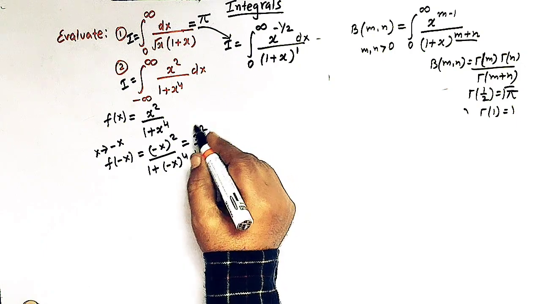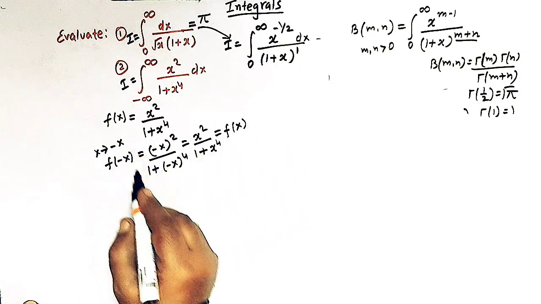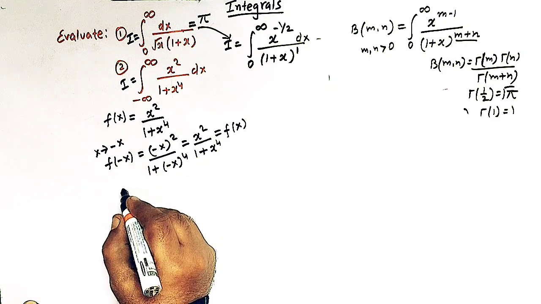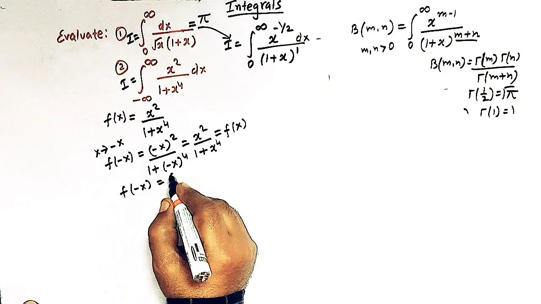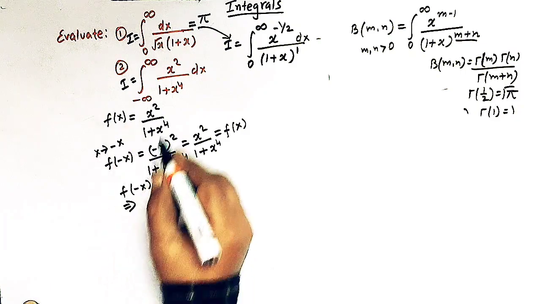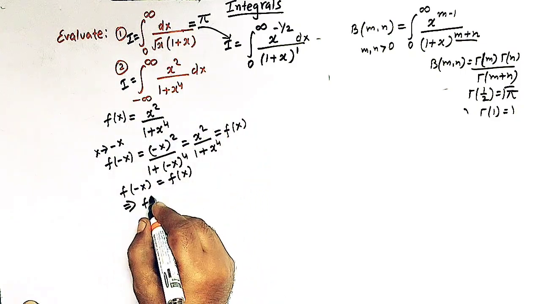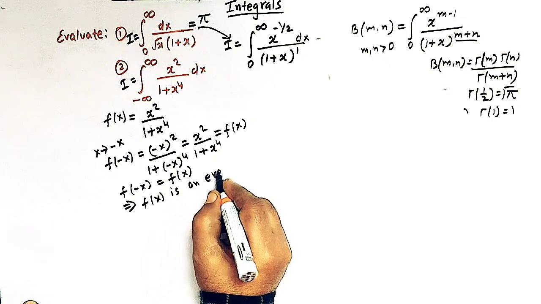So this function is equal to f of x. So we arrive at this conclusion that f of minus x is equal to f of x, which suggests that our integrand, that is f of x, is an even function.